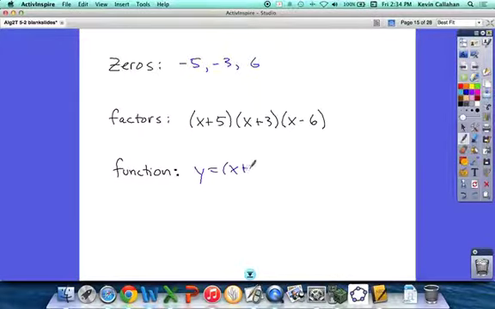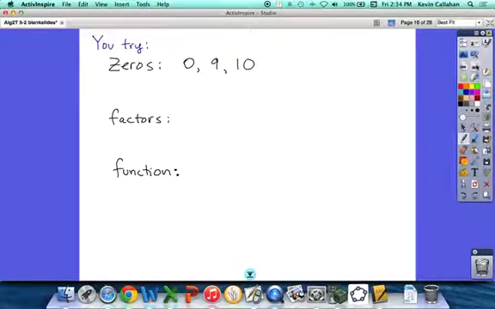X plus 5, x plus 3, x minus 6. It's not too hard, is it? Okay, try this one. Turn those zeros into factors and then the factors into a function.